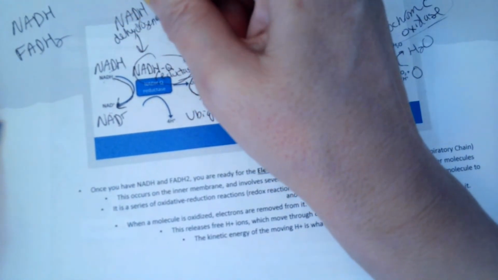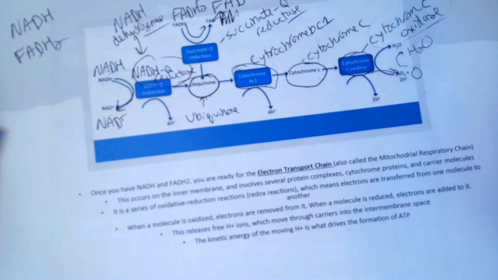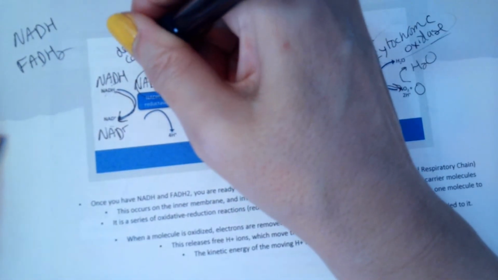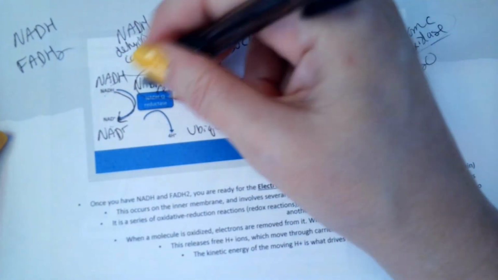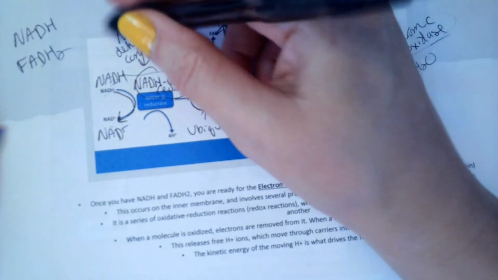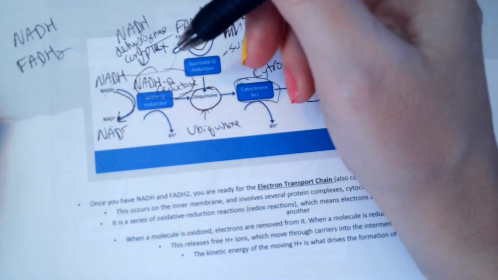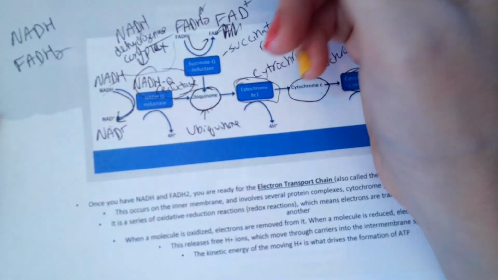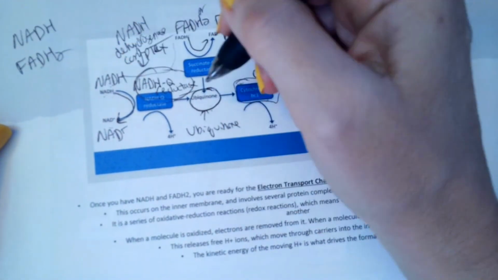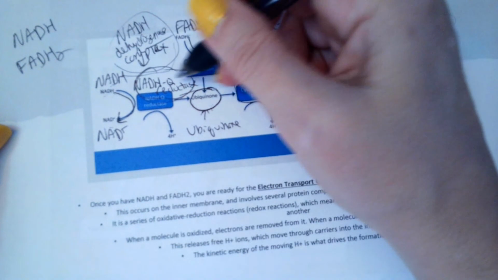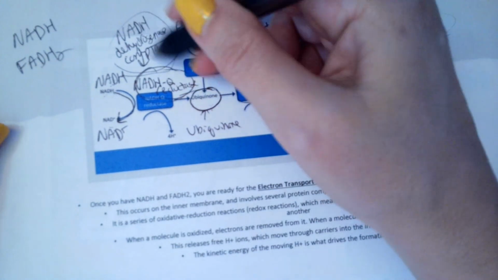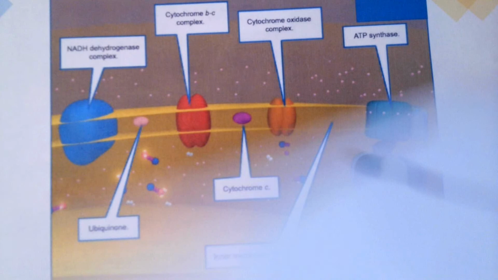So another fun situation where we just name one thing different names. So this NADHQ reductase is part of the NADH dehydrogenase complex, just to make it more complex than it needs to be. But this is the enzyme that is part of that NADH dehydrogenase complex.